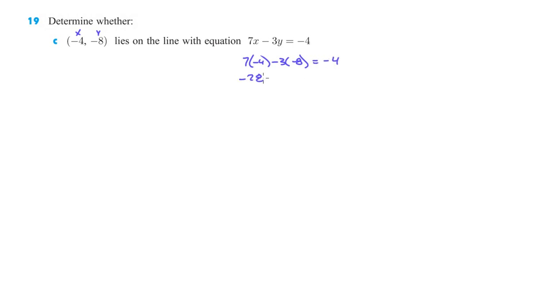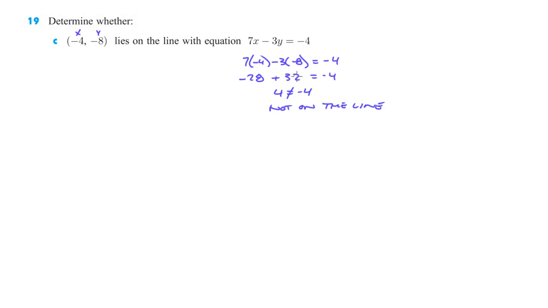So that's -28 plus 3 times 8 is 32. And that's positive 32. So let's see, that's -28 plus 32 is 4, does not equal -4. So it is not on the line. So this point does not lie on the line that has that equation.